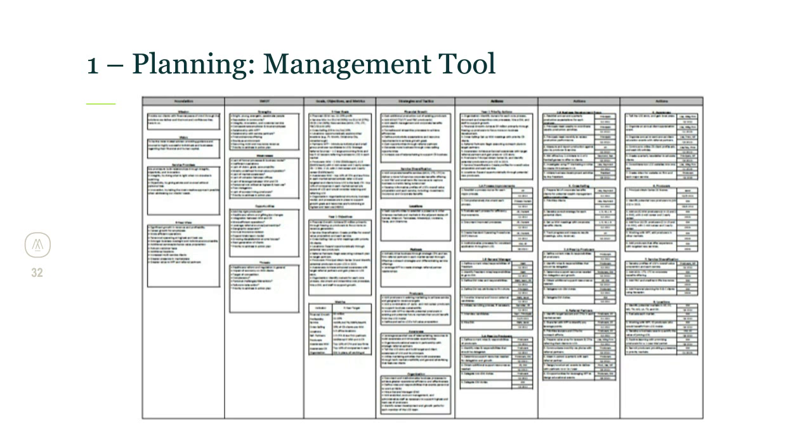So this is like a 50-page strategic plan on one piece of paper. On 11 by 17-inch, you'd actually be able to read this.